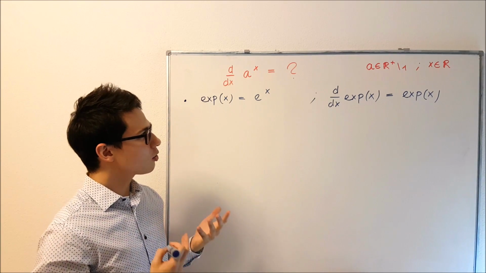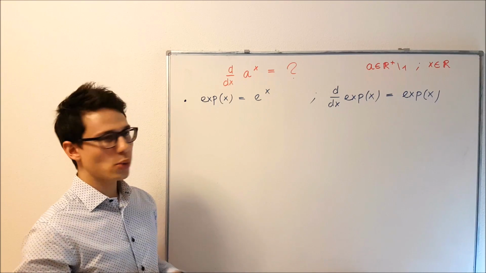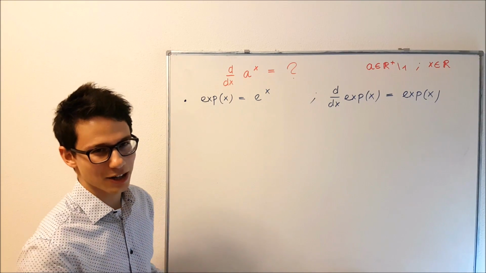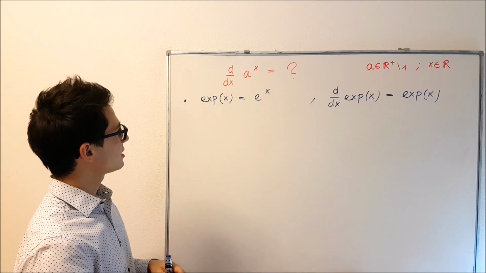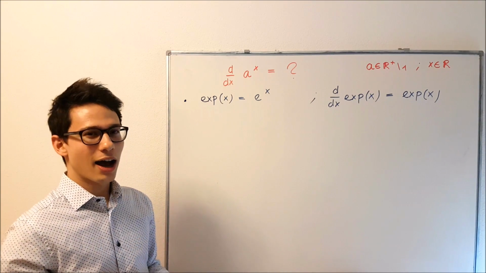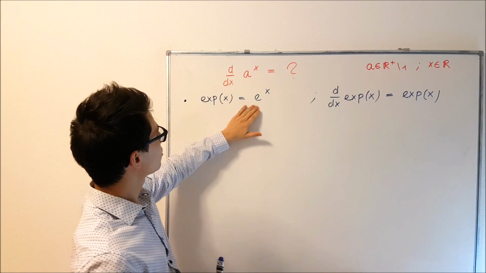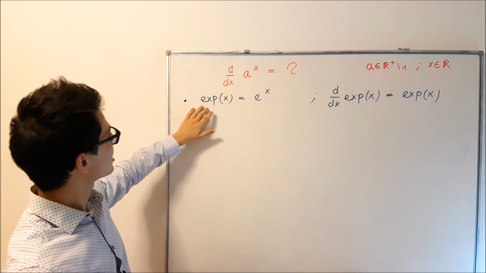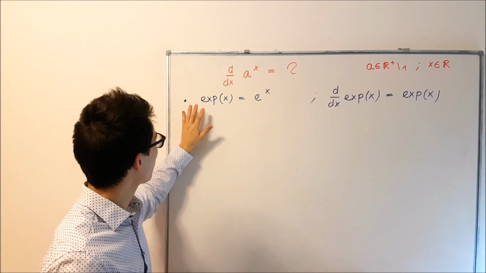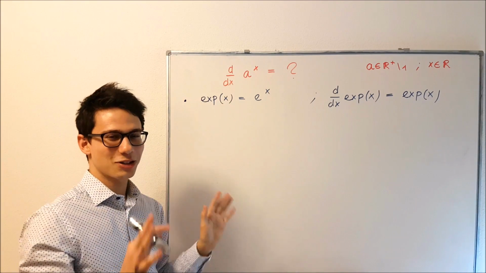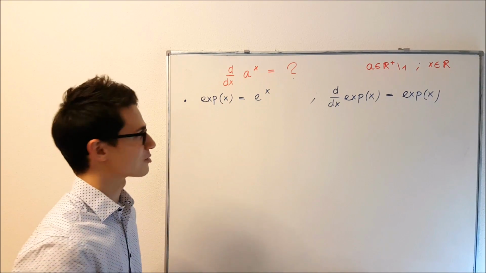So now we actually already know how to take the derivative of one exponential function, so that's a start. And you'll see that in this video I often refer to e to the power x as exp of x, only so that you see that this is actually a function of x. In a minute you'll see why, don't be confused.